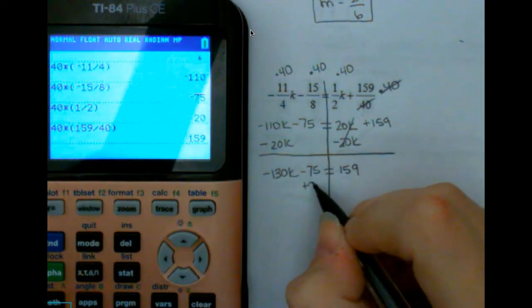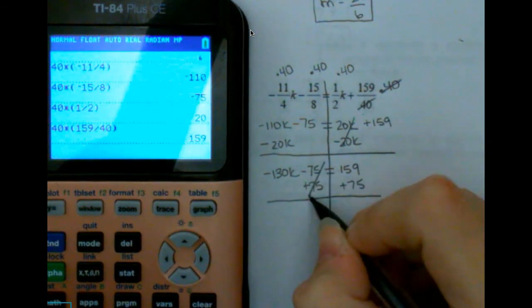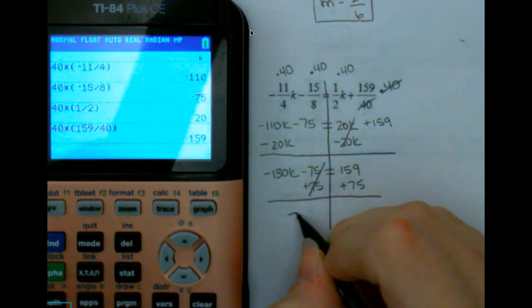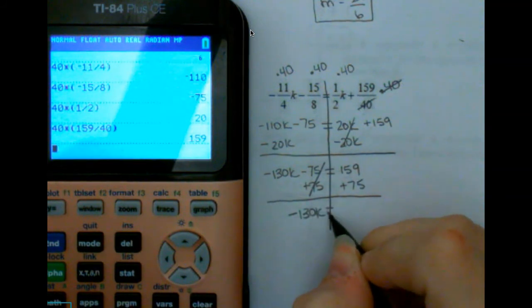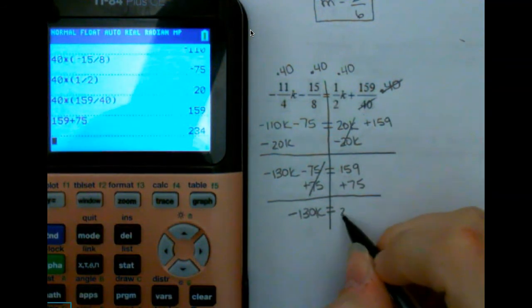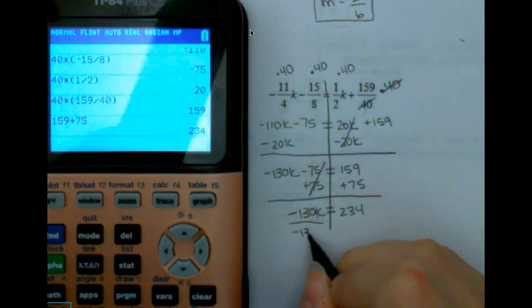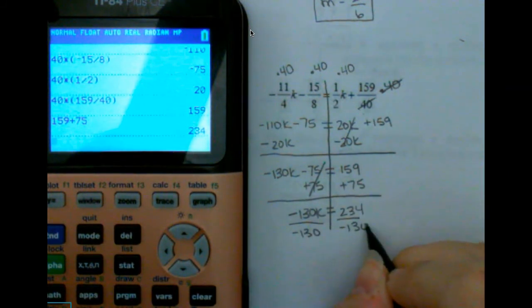Now I'm going to add the 75 over. These cancel out, and I get negative 130k, and I don't know what 159 plus 75 is in my head, so I have a calculator. It's 234. And then my last step is to divide by negative 130.